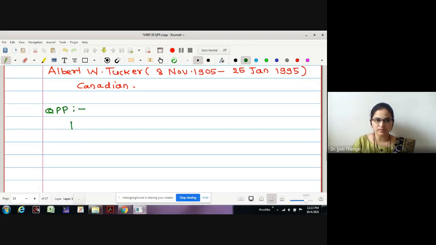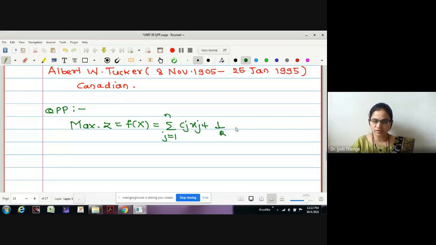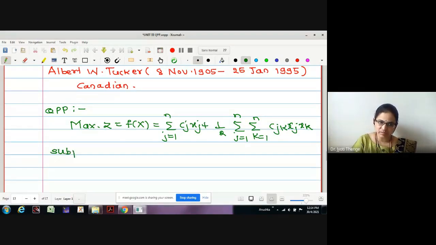What is the QPP? Maximize z equals f of x, which is actually the summation j equals 1 to n of cj xj plus half times the double summation j equals 1 to n, k equals 1 to n of cjk xj xk, subject to the constraints. What are the constraints?